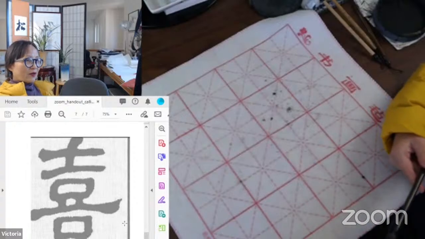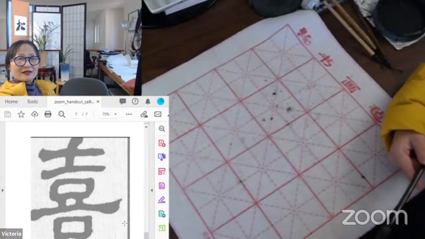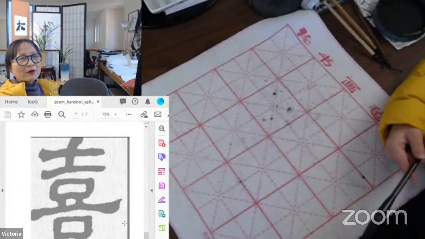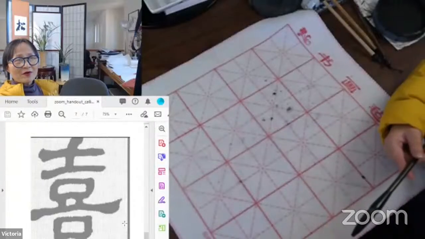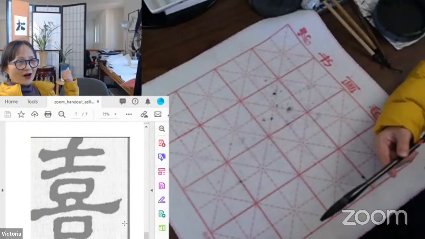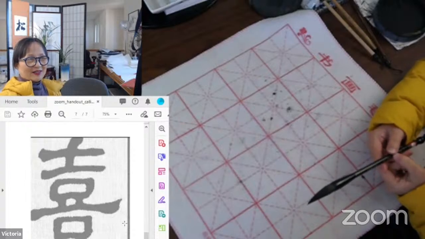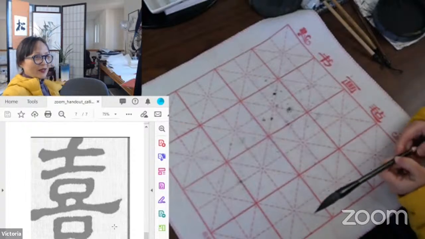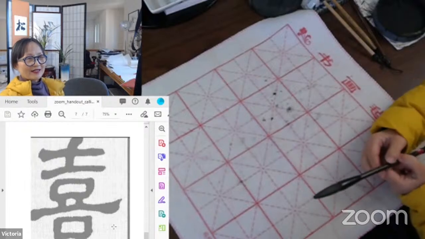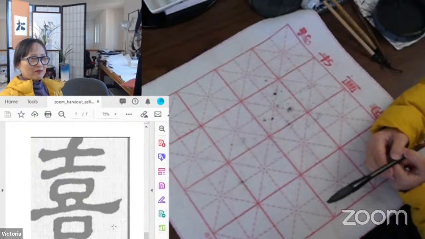Why I brought two of them is I want to show you the size really varies. Some bigger, some small, some very small. And from far, you can see why the way Chinese painting does orchids concentrates on the leaves.